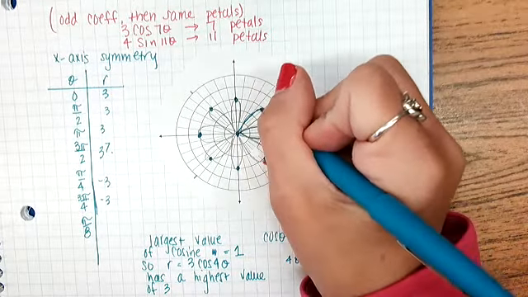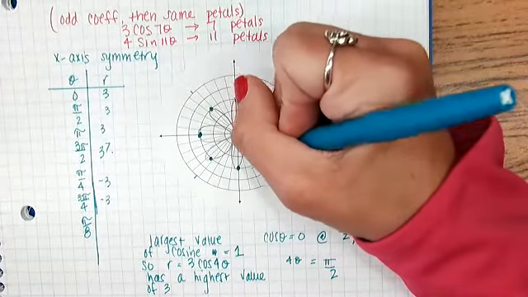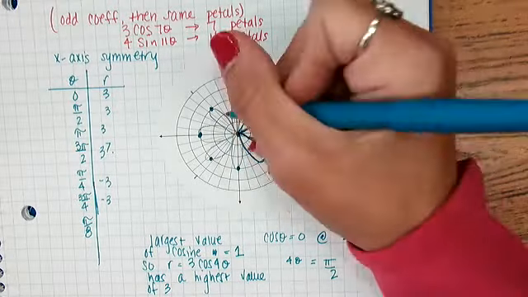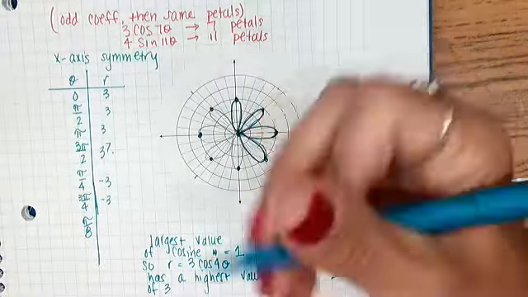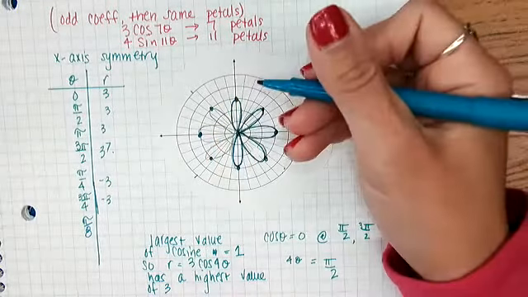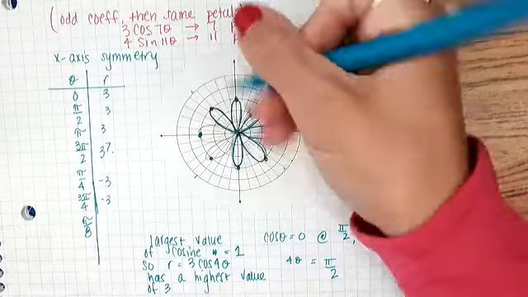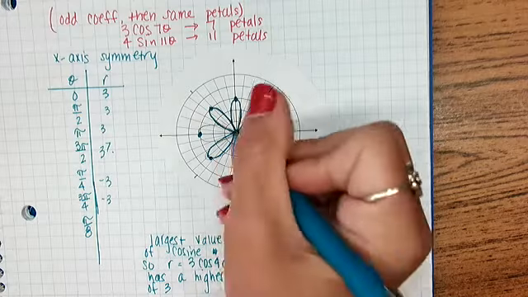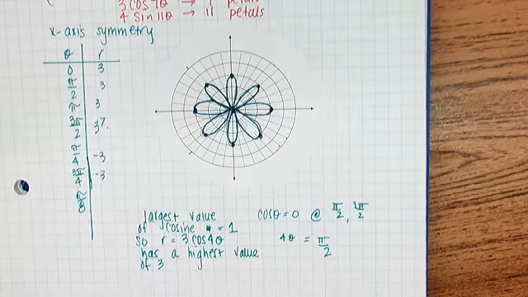And if one of the petals is like such, and I reflect that over the x-axis, and I have a petal here, the largest, if I reflect that over the x-axis, and then I have a petal here, reflect over the x-axis. Look how pretty that is. There is a rose with 4 petals.